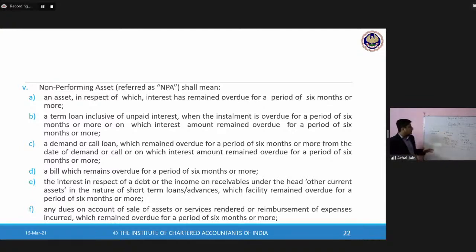As I told you, these three categories are nothing but various forms of NPAs. Substandard is an NPA, doubtful is an NPA, and loss asset is also an NPA. But when would this categorization of NPA really start? When would this be called an NPA, which will then become substandard, doubtful, or loss asset? So let's try to understand that.